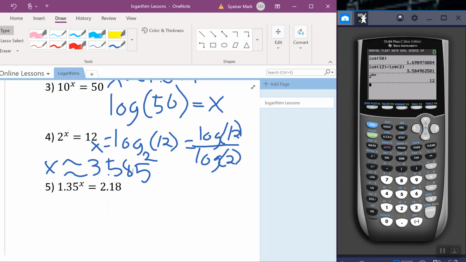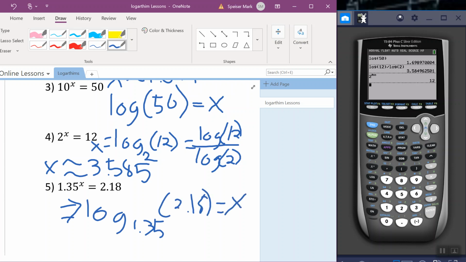On to the next example. Here we'll use the regular log base. So this should be rewritten as log of base 1.35 of 2.18 equals x.